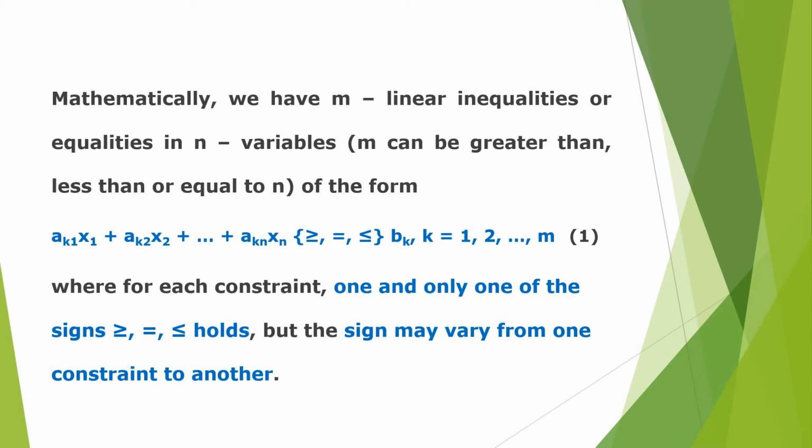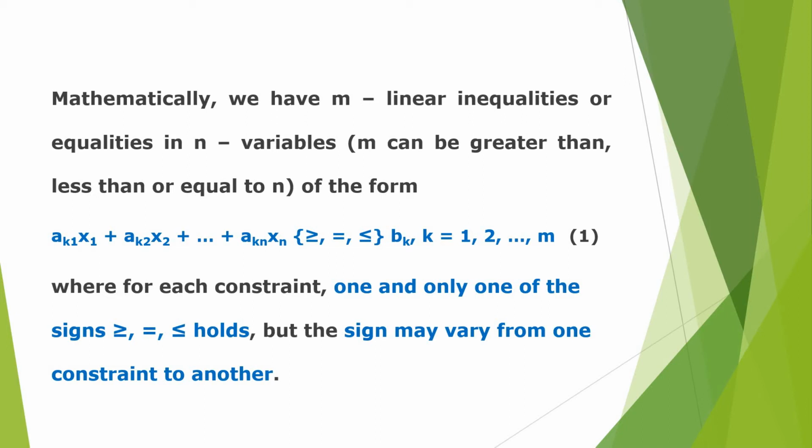This is quite obvious. The same constraint cannot have both inequality signs. I can say 2x1 plus 3x2 less than or equal to 5, but in that case, 2x1 plus 3x2 cannot be greater than or equal to 5.